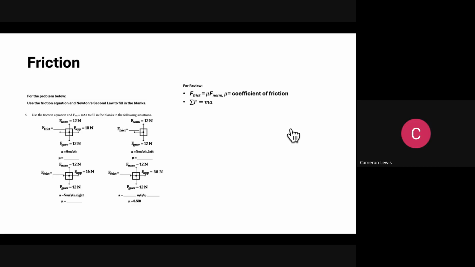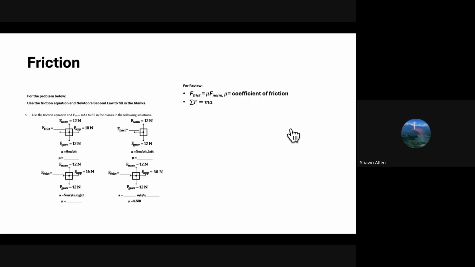24. How can we find acceleration? We do force over mass, and we get an acceleration.